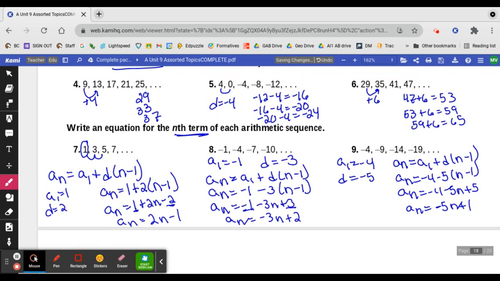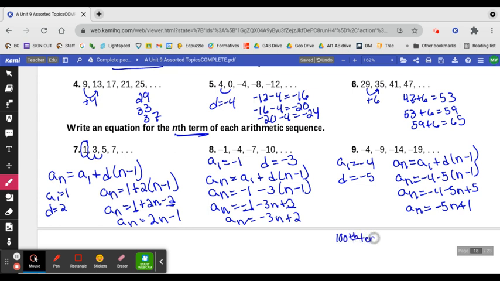One thing I want to discuss before we move on is what is the point of writing the equation. If I look at number 9, in the previous problems we found the next 3 terms. The point of writing the equation is, what if I wanted the 100th term?